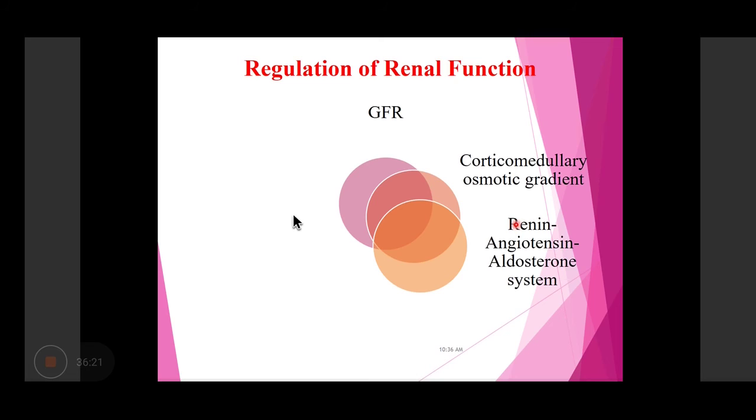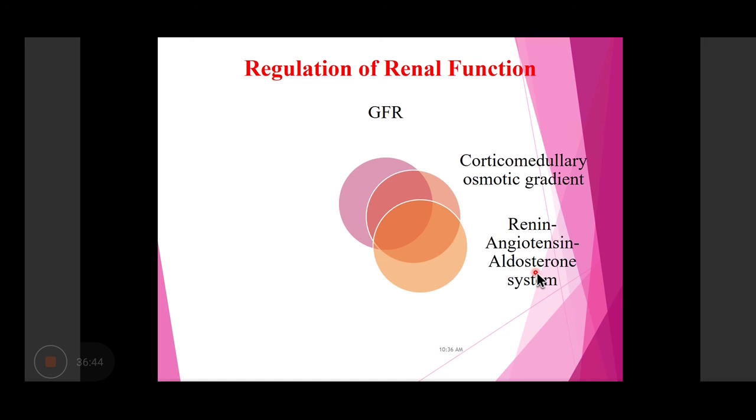Angiotensin 2. Many of you have written angiotensin 2, but aldosterone is also formed. Many people have written aldosterone also. So once the RAS gets activated, aldosterone is released, and aldosterone, we just saw, inserts the ENaC channel in site 4.